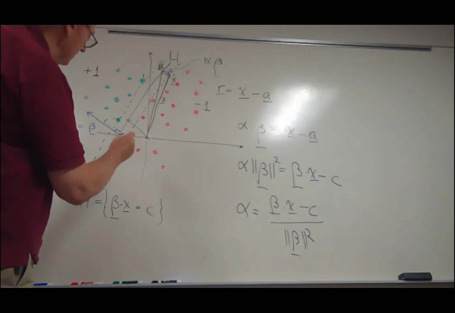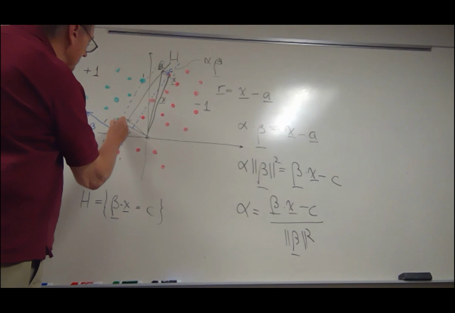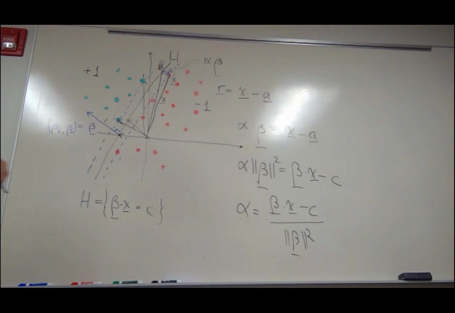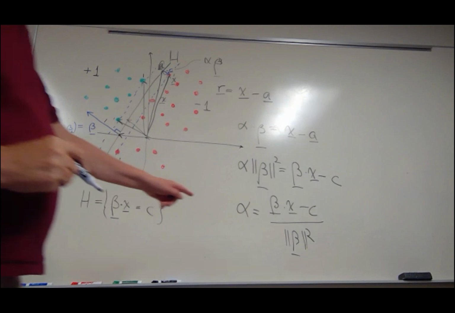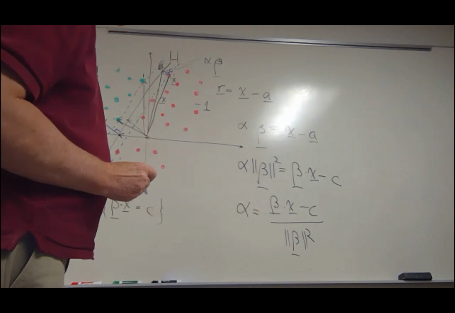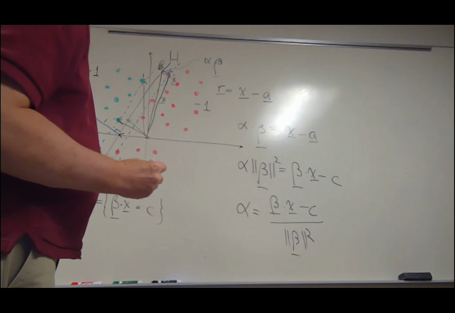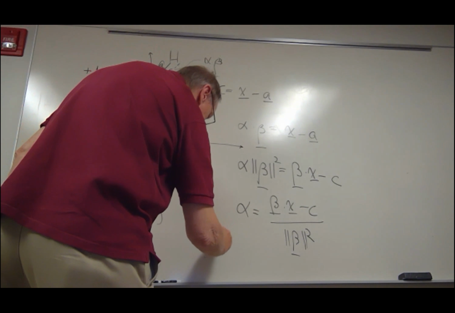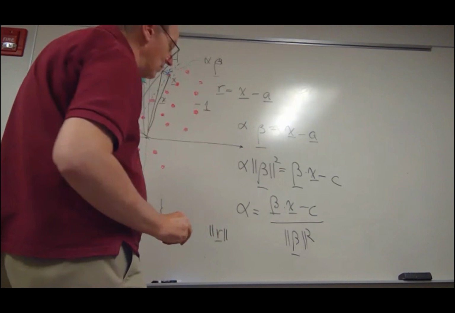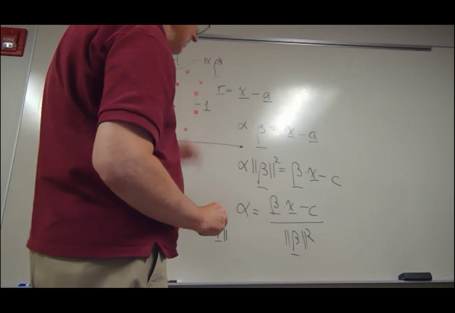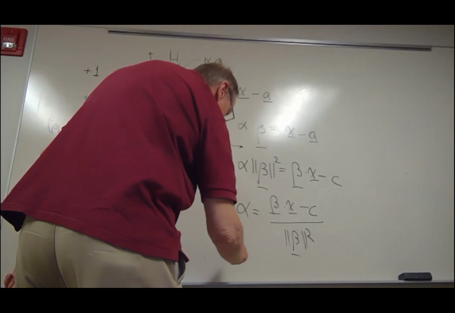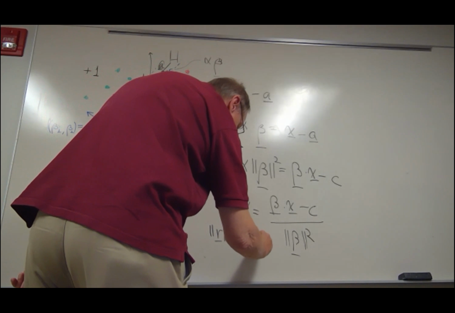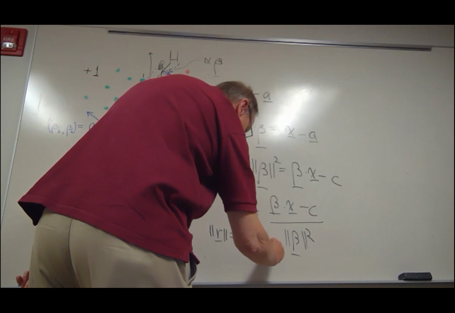Here another support vector would be here. And here would be another support vector. What we get is that this alpha here can be written in this form. And so the norm of R, which is the norm of alpha times beta, so that'll be the absolute value of alpha times the norm of beta.